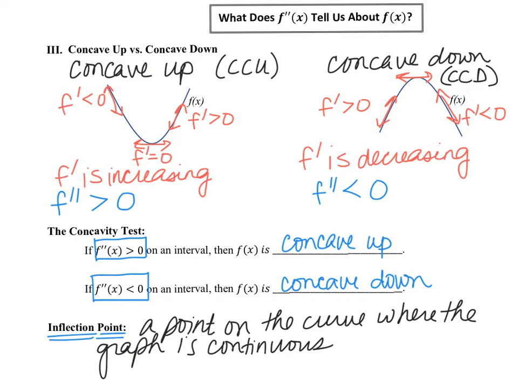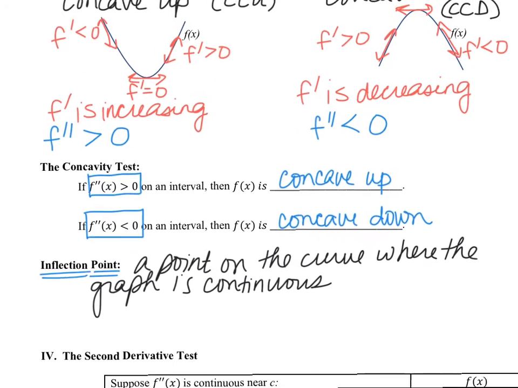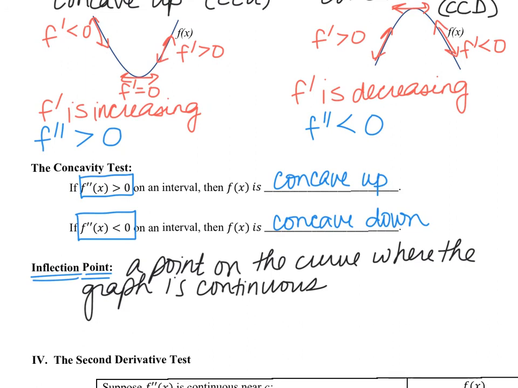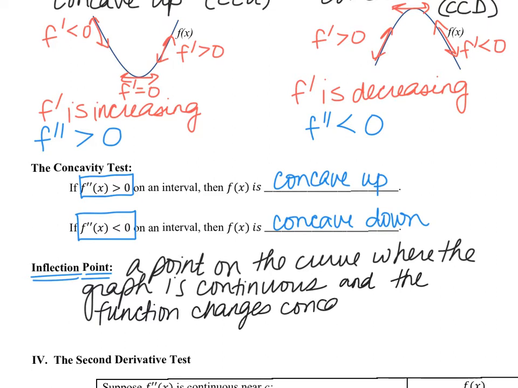So it's a point on the curve where the graph is continuous and the function changes concavity. A change in concavity, either from concave up to concave down or vice versa, will be an inflection point.